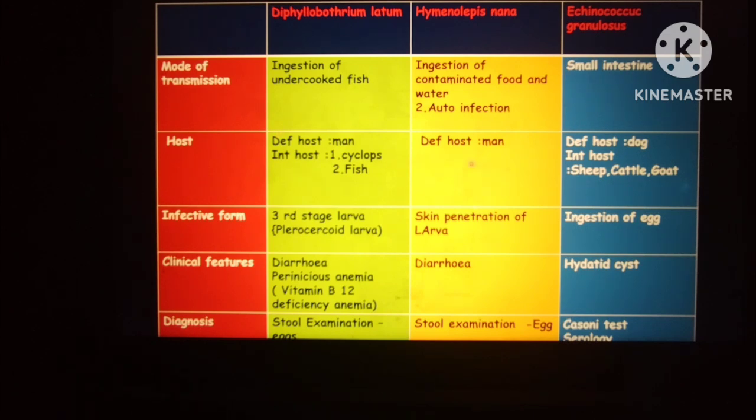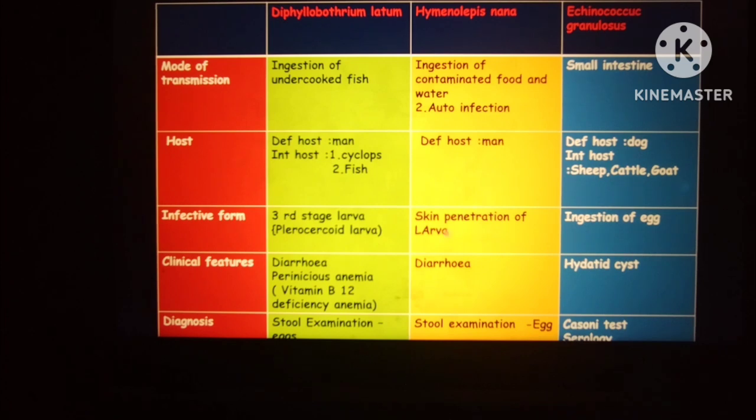Here definitely the host is man. Always remember, for Toxoplasma it is the cat, but if it is Echinococcus, it is usually the dog. The infective form is mainly the third stage larva.